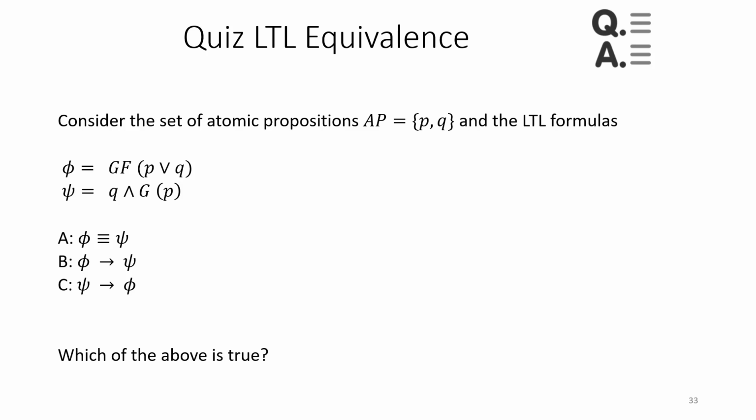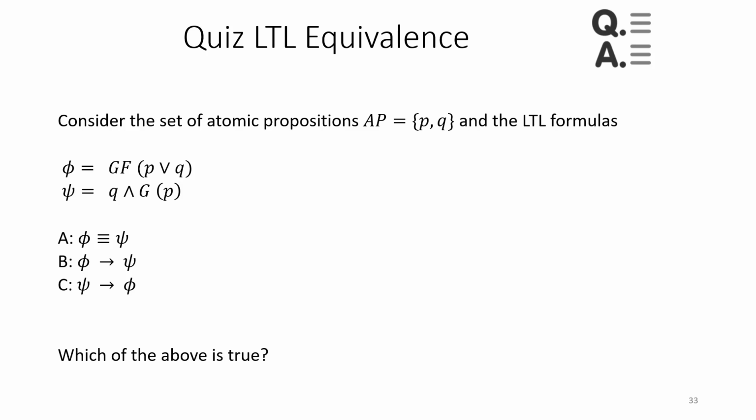So we can't violate this implication. How? So if this one holds, will this one also hold? So this one says we have Q and globally P.